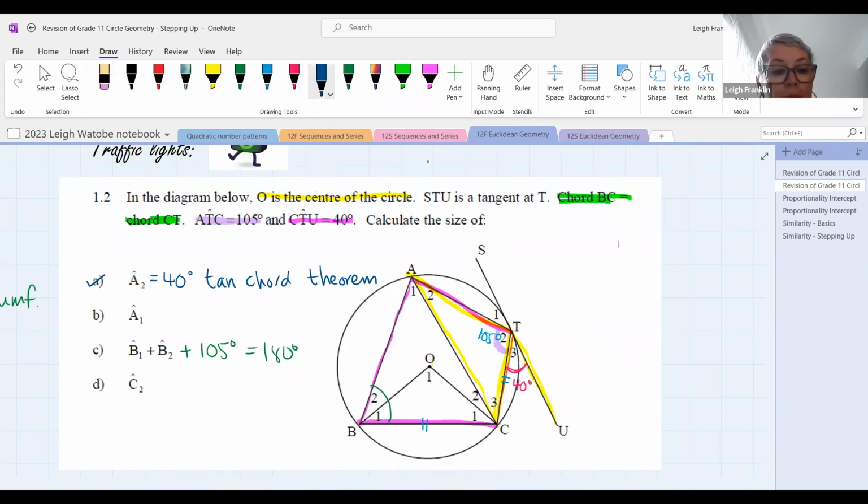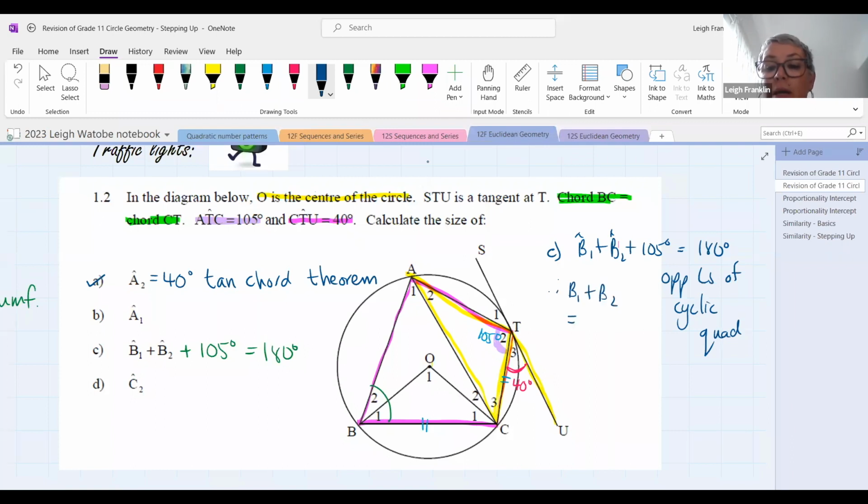Okay, so in question C, B1 plus B2 plus 105 equals 180, and this is because they are opposite angles of a cyclic quad, which means that B1 plus B2 is going to be equal to 75 degrees.